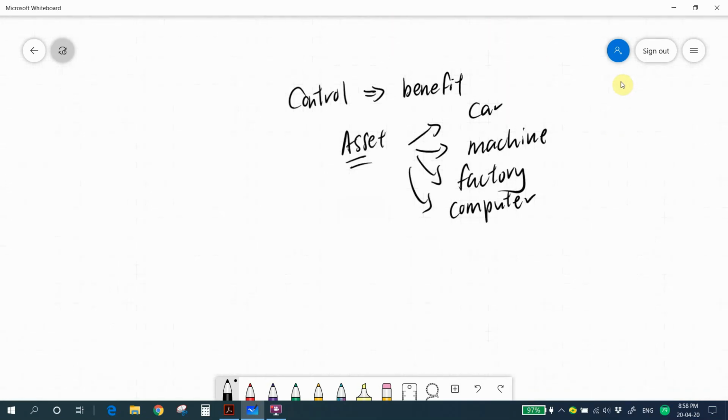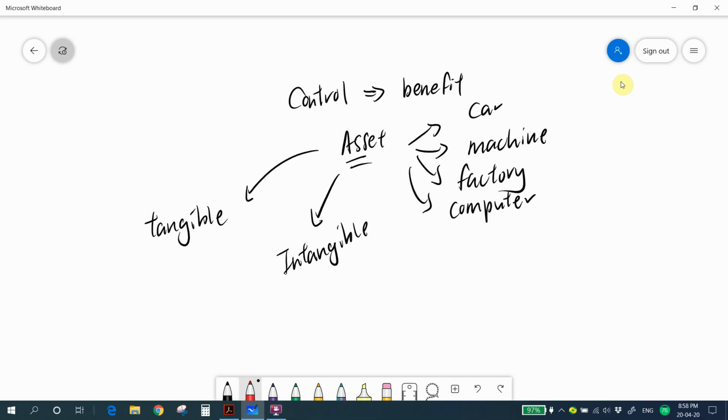And we know that asset can be broken into tangible and intangible. So what is tangible asset and intangible asset? Tangible is something that you can touch and is physical. These are examples of tangible asset because you can touch, you can feel, you can physically see the car, machine, factory or computer.